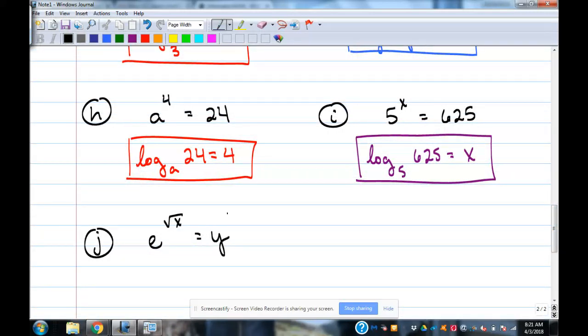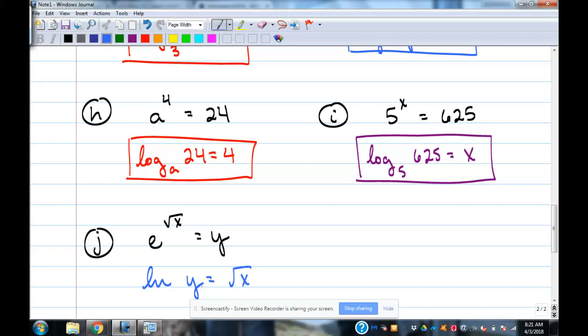E to the square root of x is equal to y. The base is E. That's natural log. Very good. Absolutely. The base E is natural log. ln of y equals square root of x.